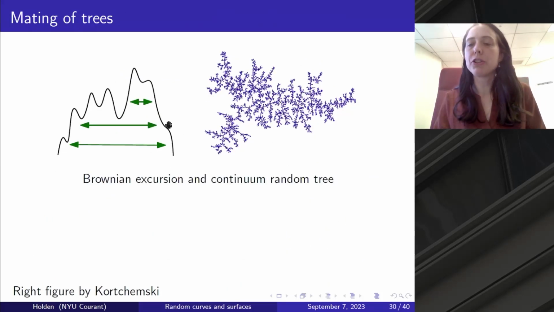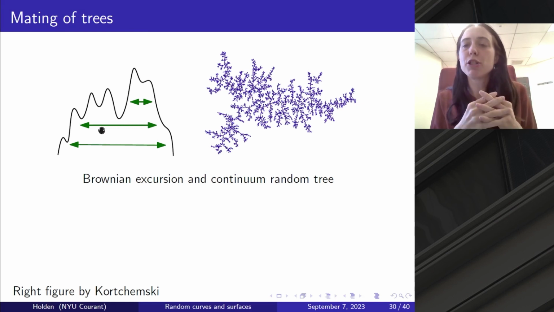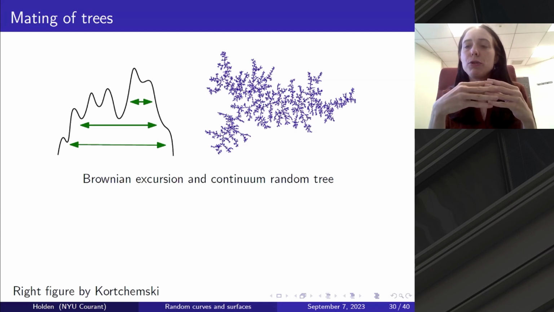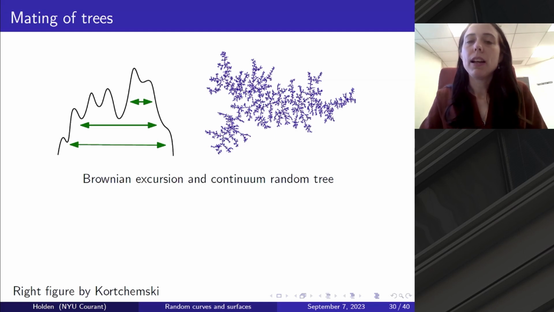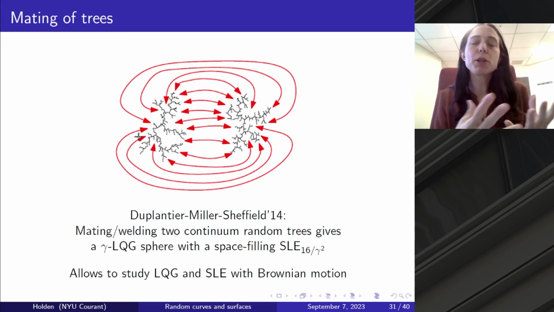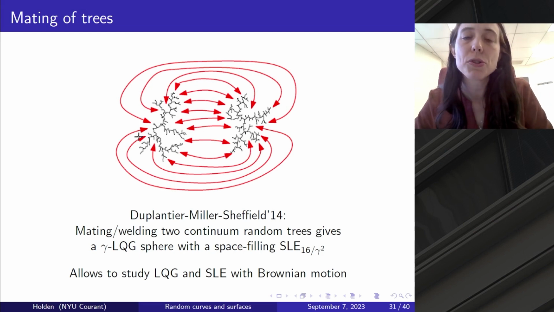So on a discrete level, the planar map with statistical physics model can be viewed as a discrete welding or mating of two trees, and one has the same in the continuum. So the idea is that the planar map with statistical physics model converges to the LQG with SLE because the associated trees are converging.